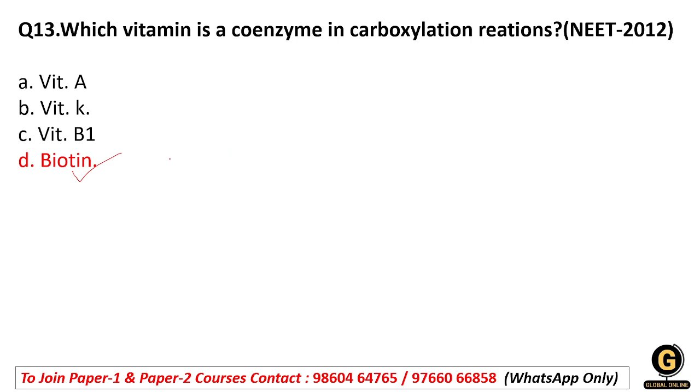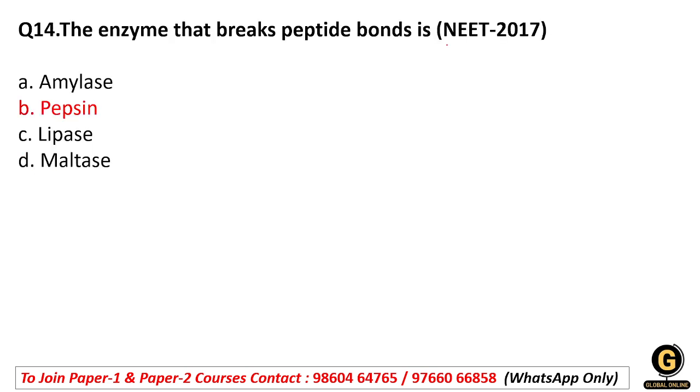Yes, it is used in fatty acid synthesis. So biotin is the coenzyme which is used in carboxylation reactions. Moving forward to the next question, the enzyme that breaks the peptide bonds.